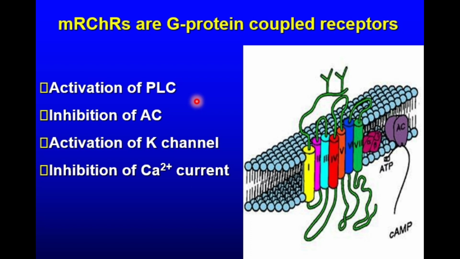The type of G protein, enzyme, and ion channel associated with the receptor determine the response to be excitatory or inhibitory in a specific tissue.